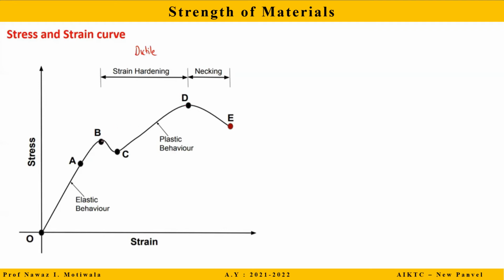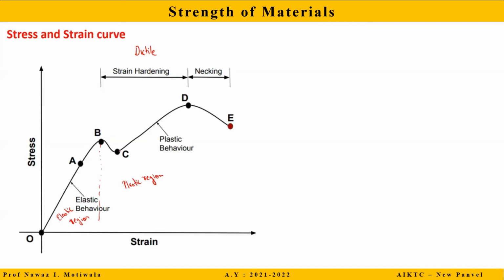At point B, the phase changes from elastic to plastic region, or I can say it is a transition from elastic to plastic. So the region below B is known as the elastic region, and the region after B is known as the plastic region.